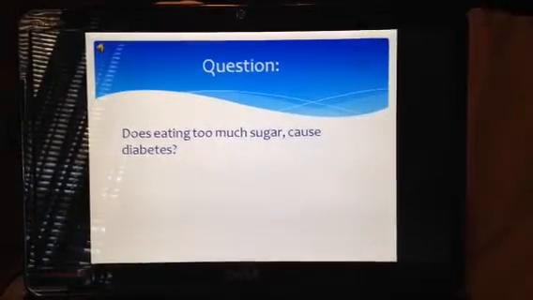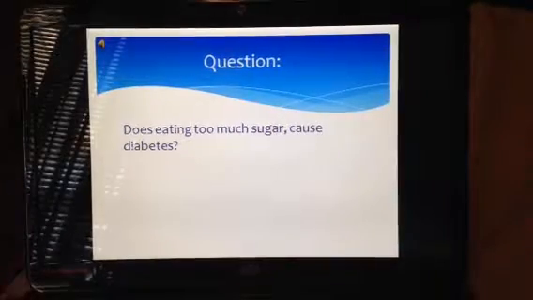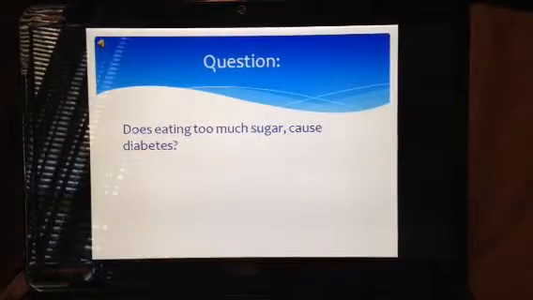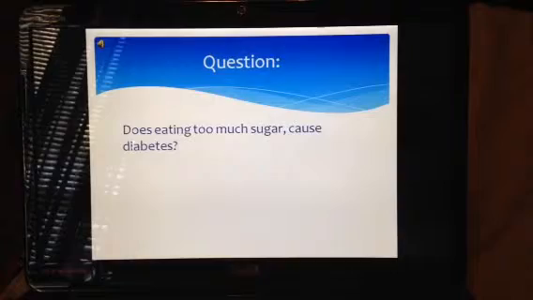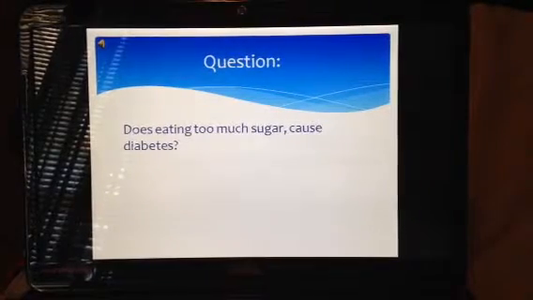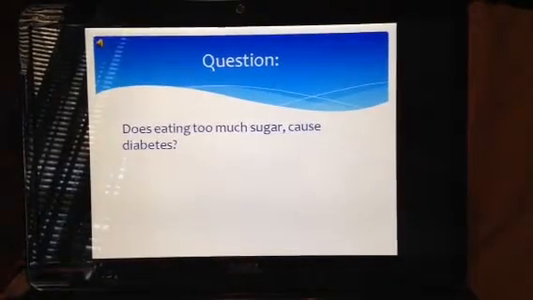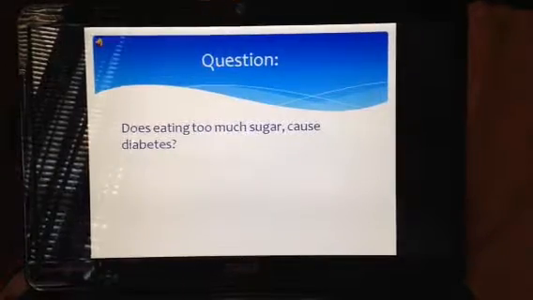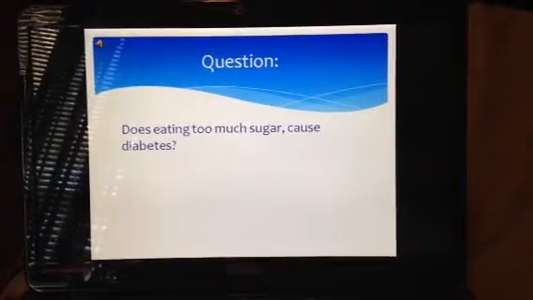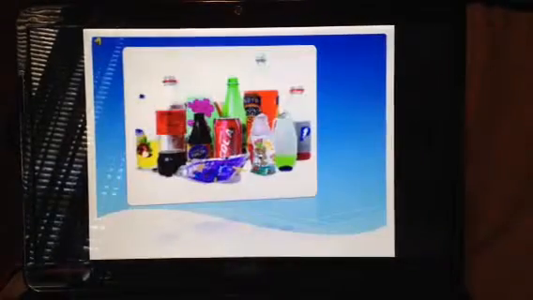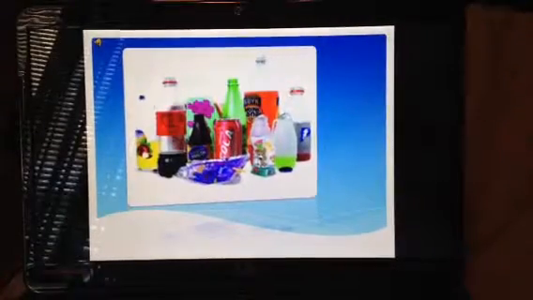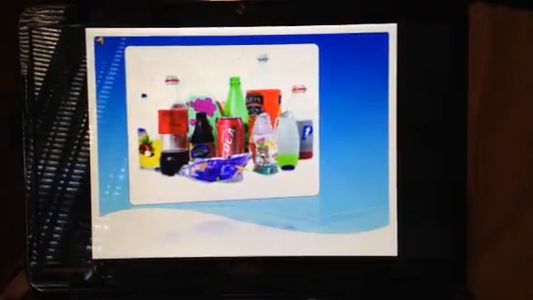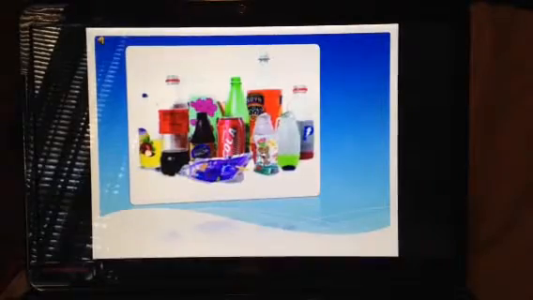Does eating too much sugar cause diabetes? A student from each group will have a chance to share their group's answers and why they came up with the answers that they have. Then I will step in and give the correct answer if it hasn't been given already.